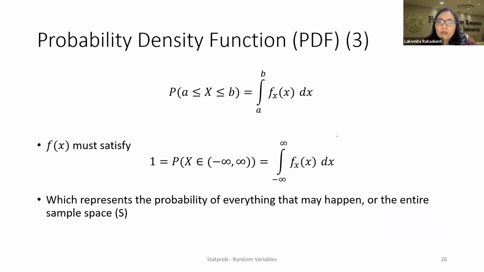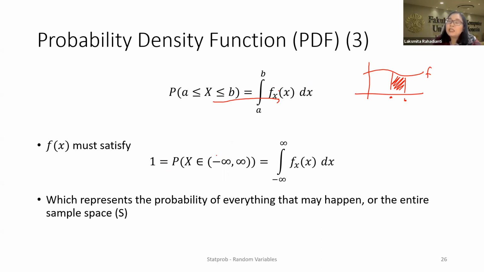So in order for this function f to be a valid PDF, it also needs to follow some rules. If I want to compute the probability, this is my f, it should be between this and that, right? And this is the probability of this here.